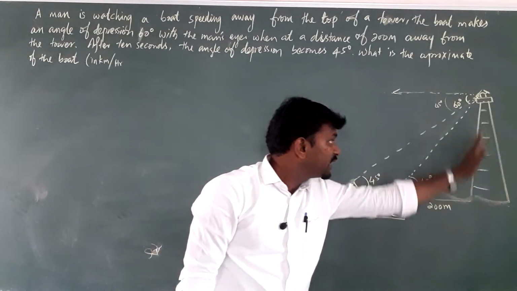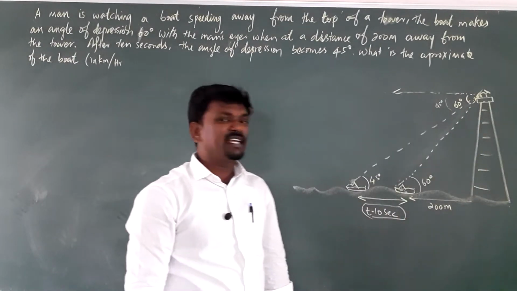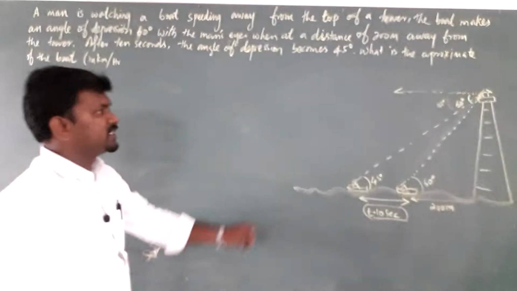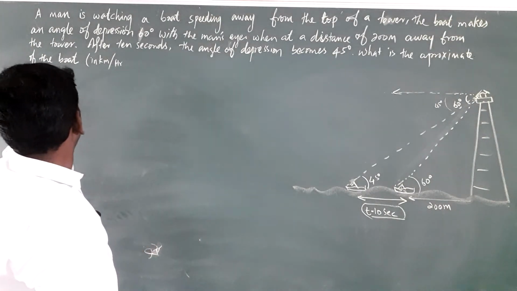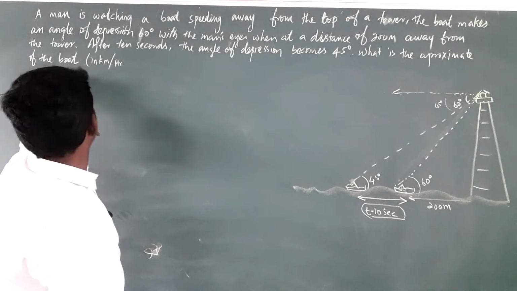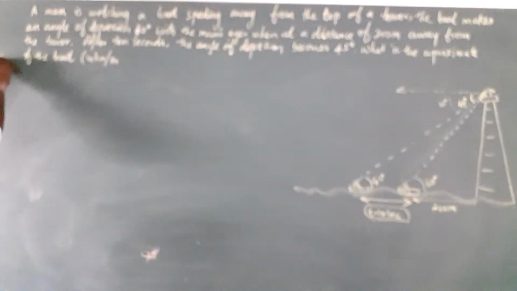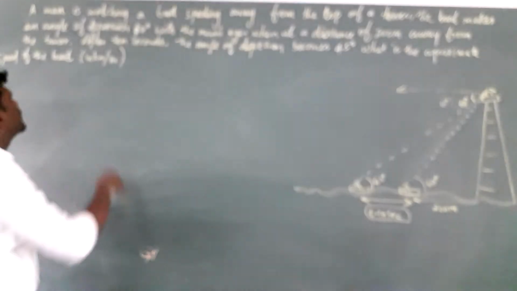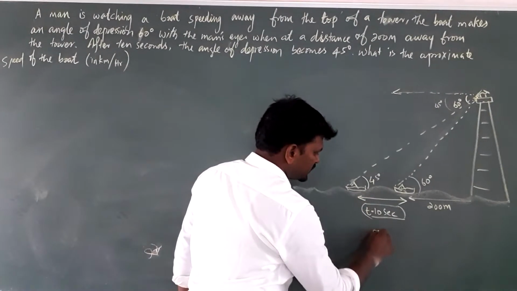When it is exactly close to the tower, the angle of depression will be 90 degrees. Okay, this is the situation of this question. What is the approximate speed of the boat? So we have to find the speed.